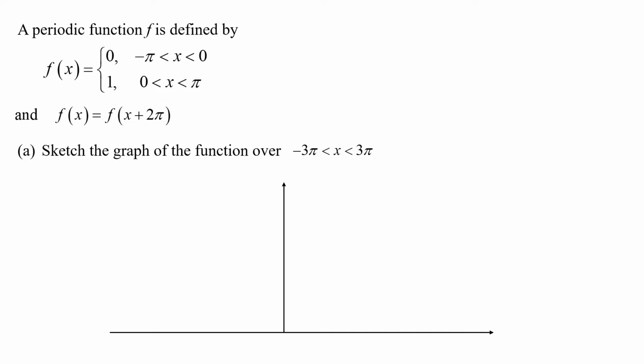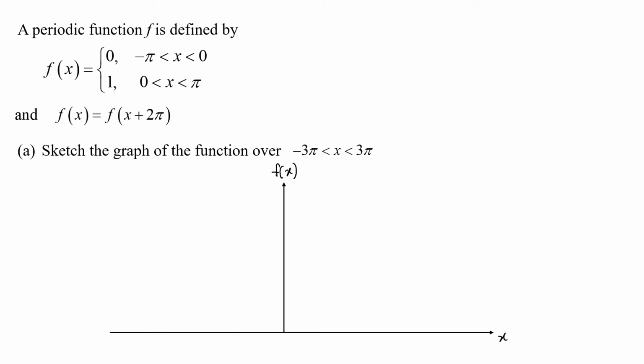For question A, you have to sketch the graph of the function over the interval negative 3 pi to 3 pi. So this is the axis for f(x), and this is the axis for x. Since the function is periodic, we only need to sketch it over one period.